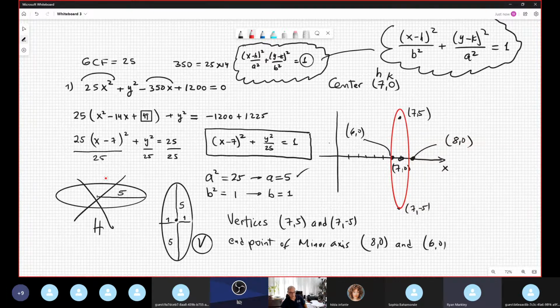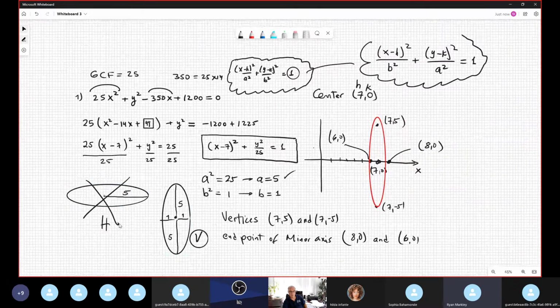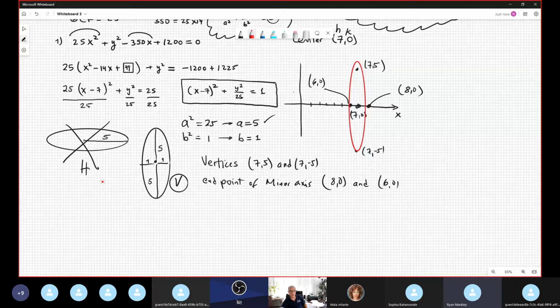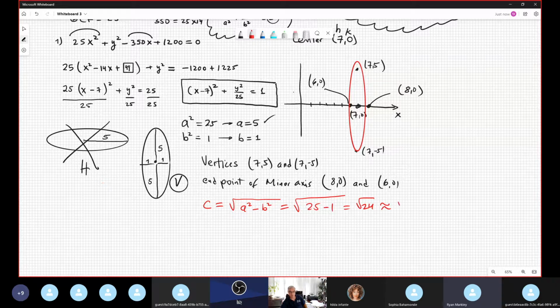One more piece of information we need. Well, we need the foci. The focal distance is c, and the formula for c is equal to the square root of a squared minus b squared. In our example it is 25 minus 1, 24. So 24 is not a perfect square. I put a decimal approximation, 4.89.